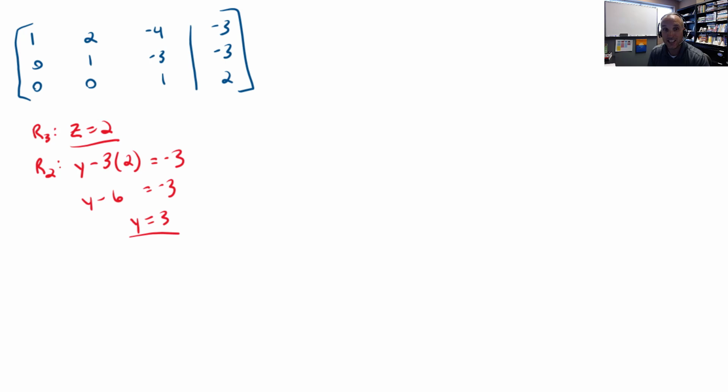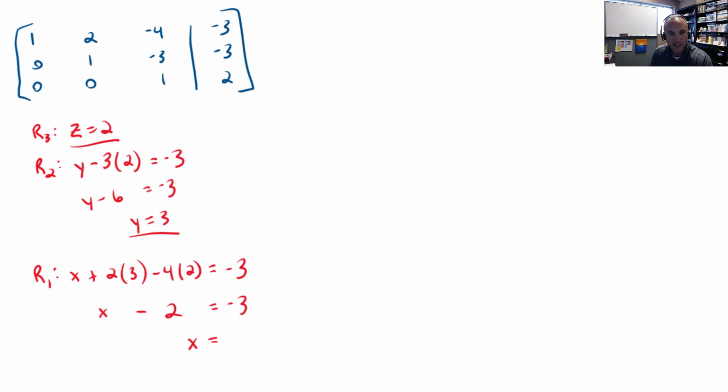So now we know z and y. Let's back up to row 1, which says 1x plus 2y minus 4z equals -3. We can solve this for x. We've got x plus 6 minus 8. So x minus 2 equals -3.